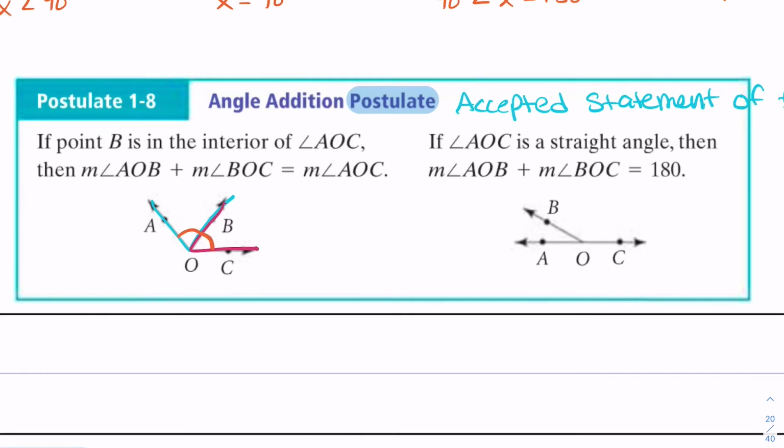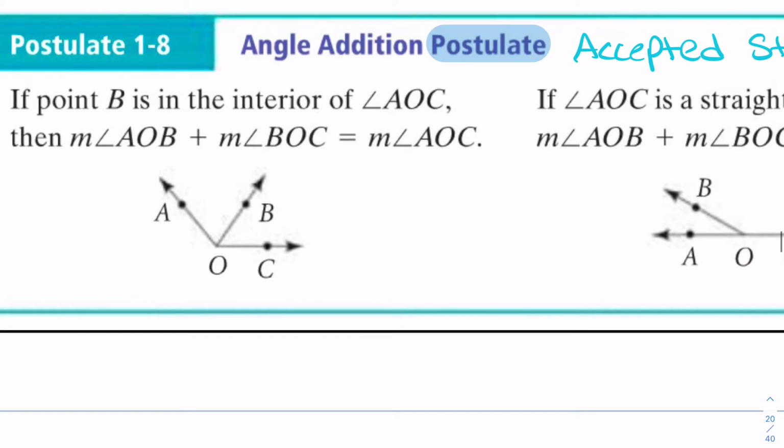And that makes sense. 3 plus 5 is 8. It will always be 8. So we can do the same thing with our angle measures. So I'm going to make up fake angles here. I'm going to say that this is 80 degrees, and I'm going to say that this is 40 degrees. So I'm literally going to write this out. Measure of angle AOB plus measure of angle BOC equals measure of angle AOC.